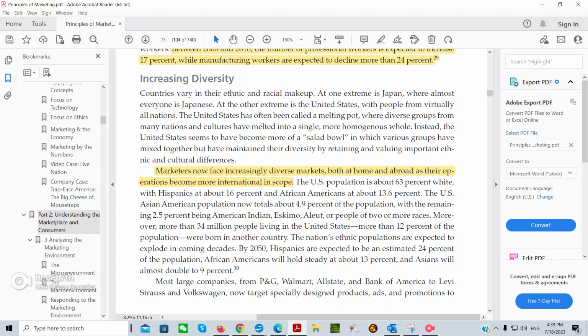Now, because of the declining population, you're finding that whites are closer to 40-something to early 50%. All the races have almost halved in their population.